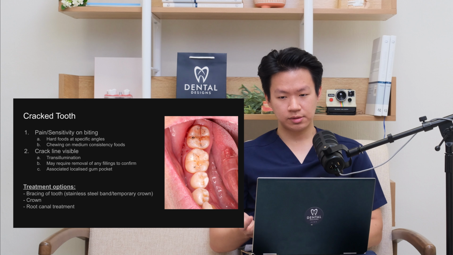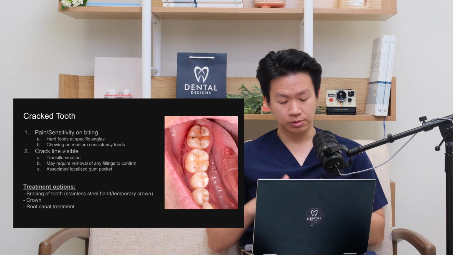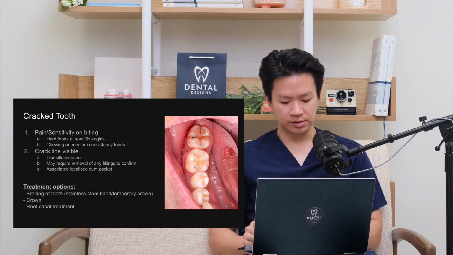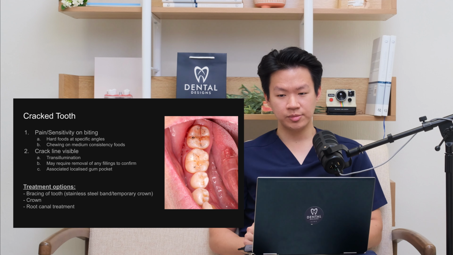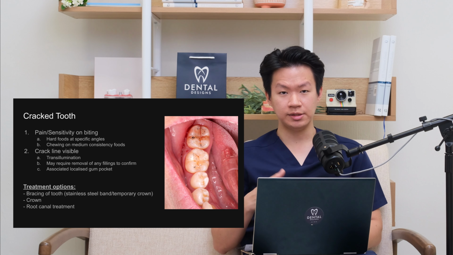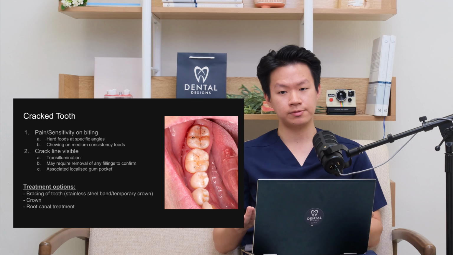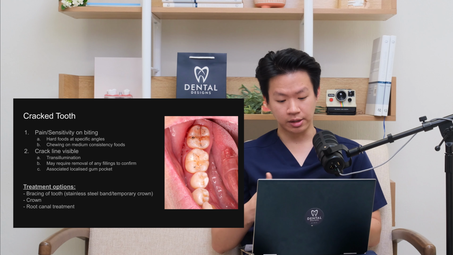based on the checks, how we determine if there's a crack, if it's obvious enough just by looking, as in this case, you can see a distinct crack line, but oftentimes the crack may not be that obvious, right? So it may require removal of any fillings that may be present on the tooth to check if there's any underlying crack.